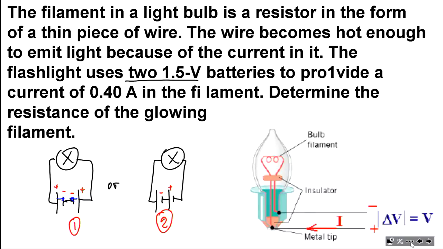Now it's a time to start doing something with the battery and the bulb. So how do we actually make a circuit? We have to use wires and we have to connect them. Yeah?